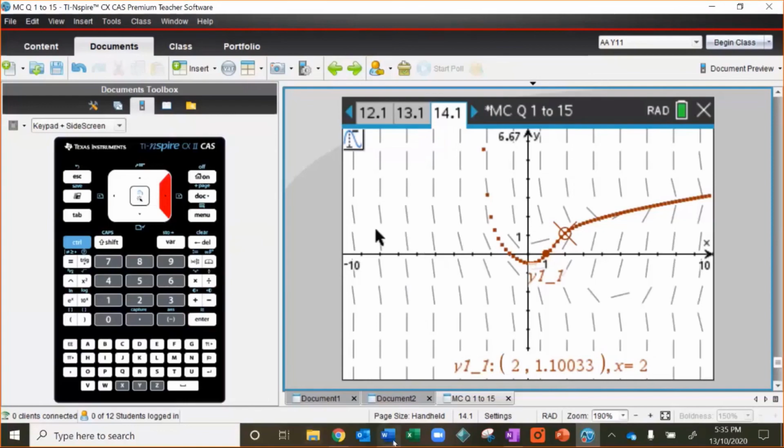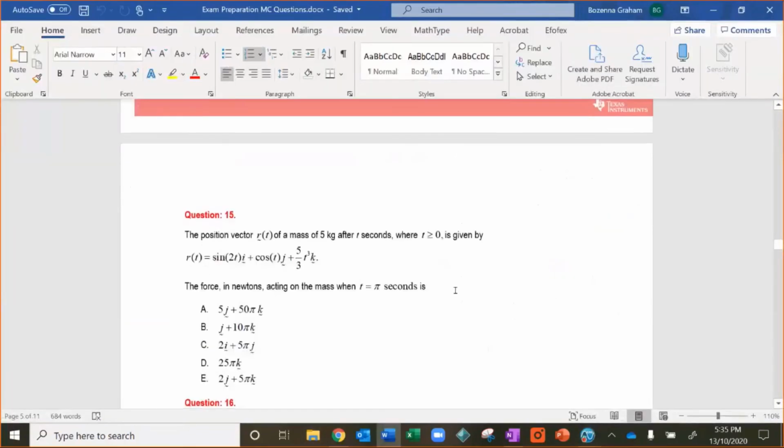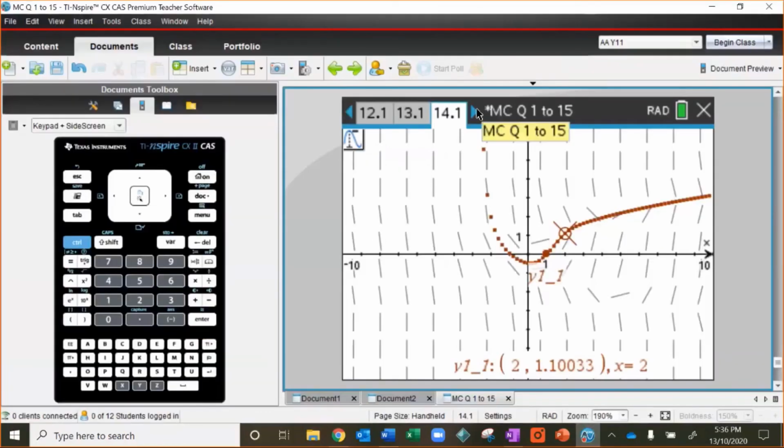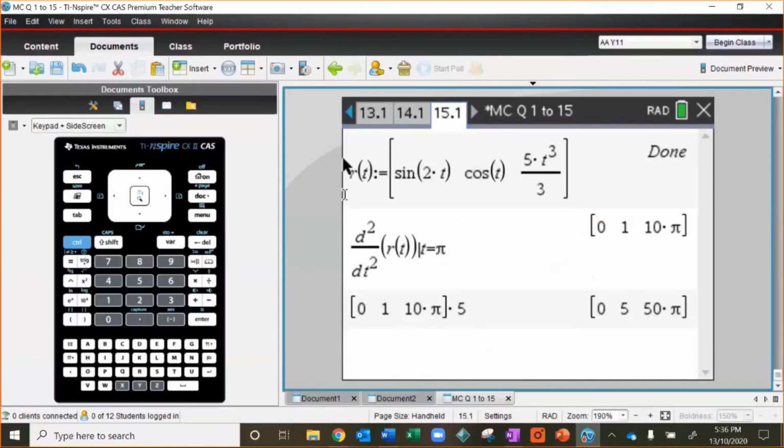And our last question for today is the dynamics question combined with vector calculus. We have the position vector of a mass of 5 kilograms given by this equation, and we wish to find the force in newtons acting on the mass when t is pi seconds. We can tell the calculator r in t is sine 2t, cos t, 5t cubed on 3.